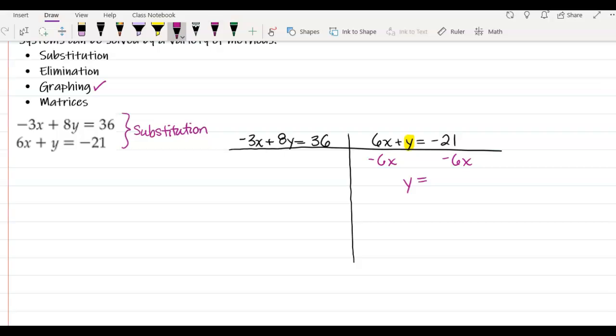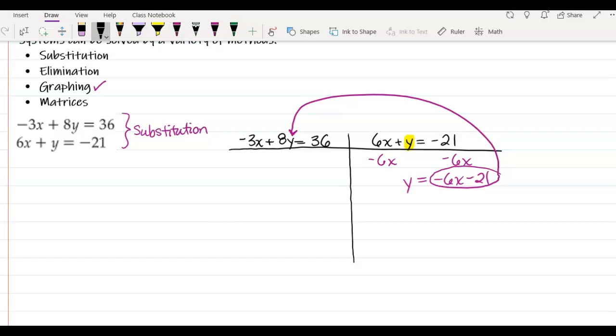And we have y equals negative 6x minus 21. Y is by itself, so we take everything that y equals and we put it into the other equation for y. Now we could have solved for any of these four variables. I just chose the one that didn't have a coefficient. Well, it has a coefficient, it's 1, but that's the easiest one to solve for.